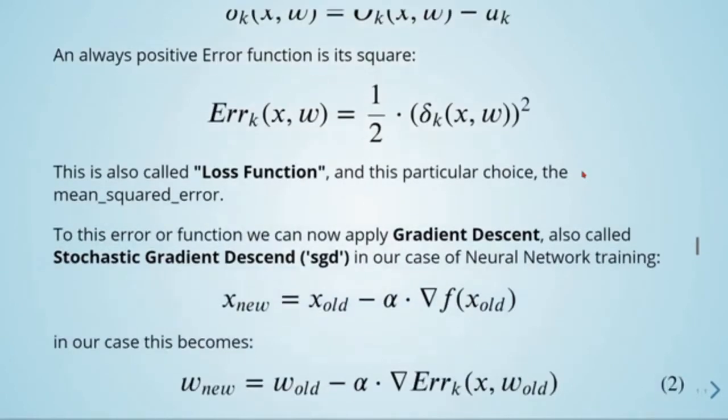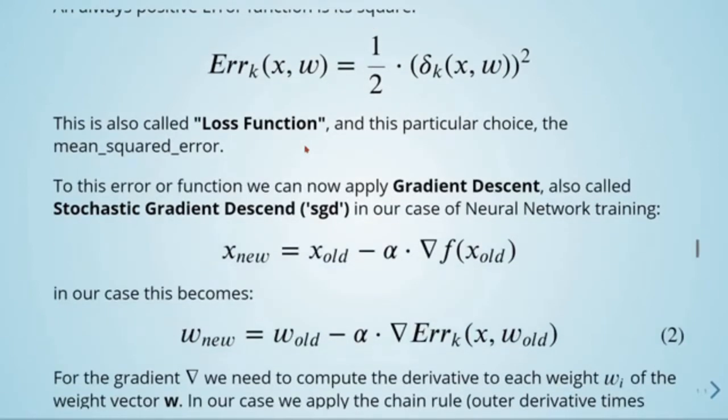So to this error function, we can now apply gradient descent. It is also called stochastic gradient descent in our case of neural network training. So we have that x new is equal to x old minus alpha times the gradient at x old.